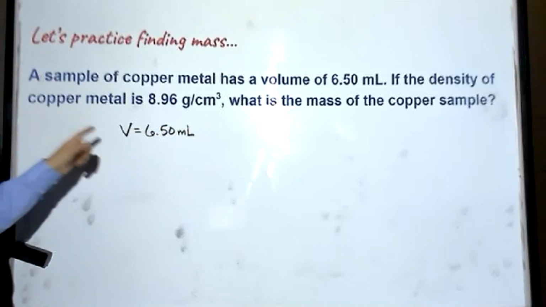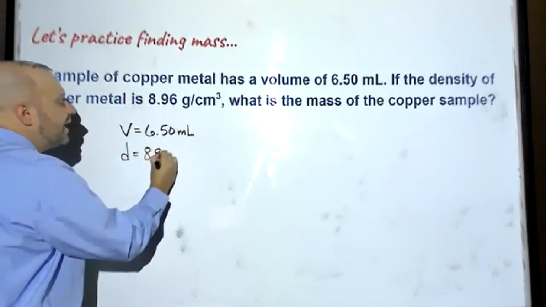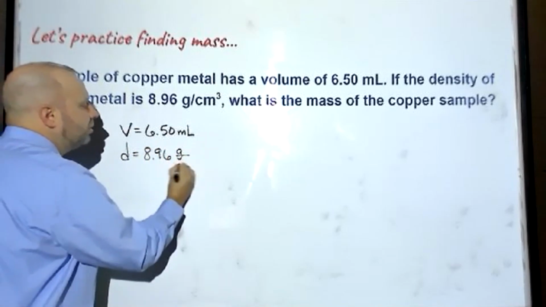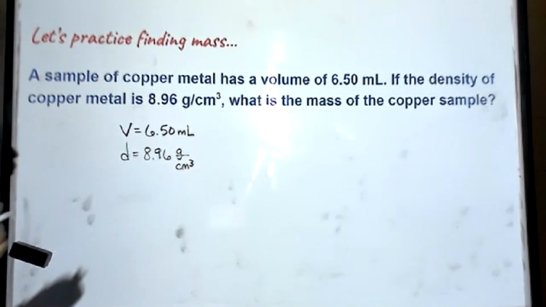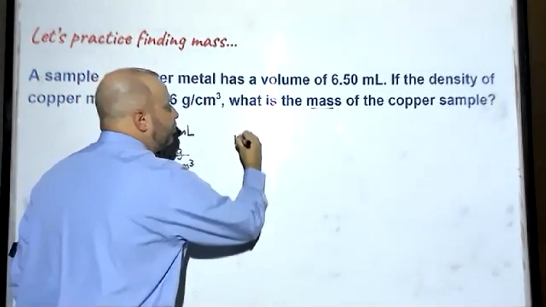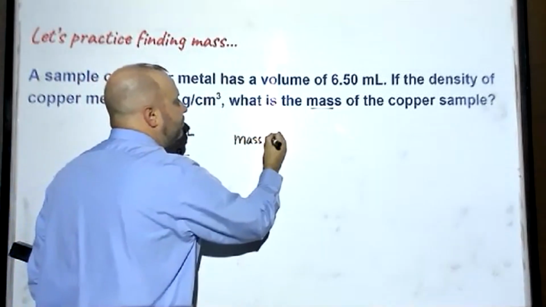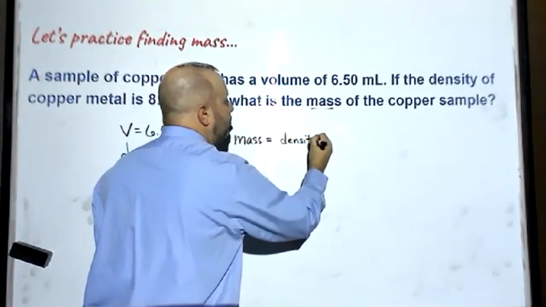If the density of copper metal is 8.96 grams per centimeter cubed, what is the mass? So we're looking for mass. So we're going to use our equation, mass equals density times volume.